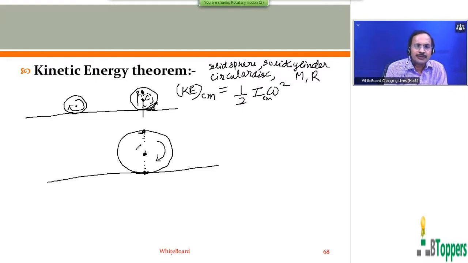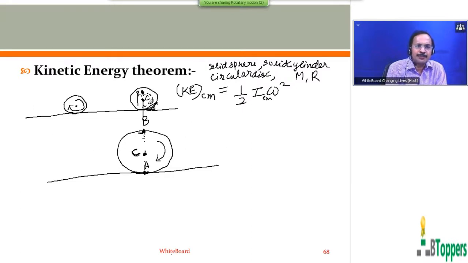So let's see with the position of the center of mass of the rolling body. We are showing the cross section of the rolling body in the vertical plane. Let A be the bottommost point of the rolling object, which is in contact with the lower surface on which the body rolls. Let B be the topmost point.